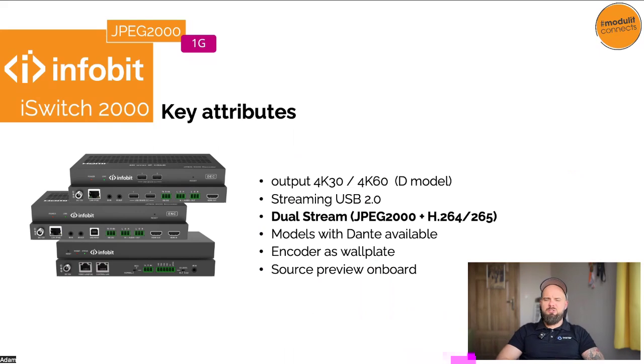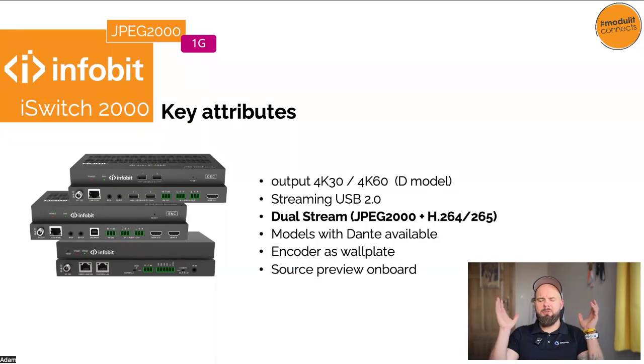Okay, let's go to the JPEG 2000 codec iteration, working still under 1 gigabit network. I switch to 1000. And again, this is a really price attractive solution. With the specific output you need, 4K 30, 4K 60 Hz, with Dante available or not, with dual stream.